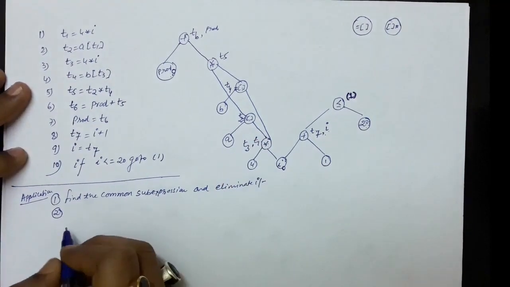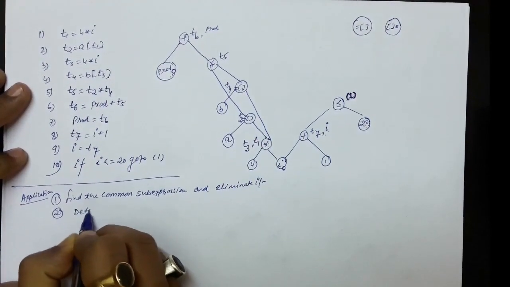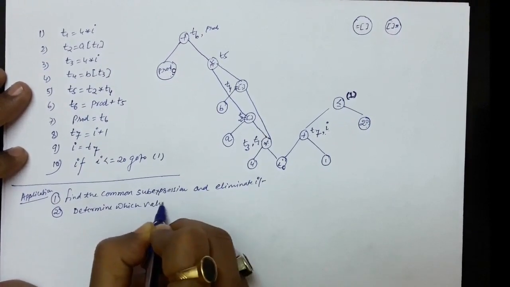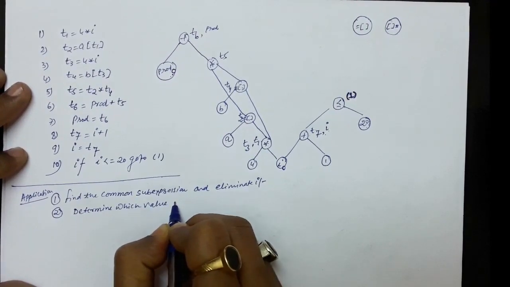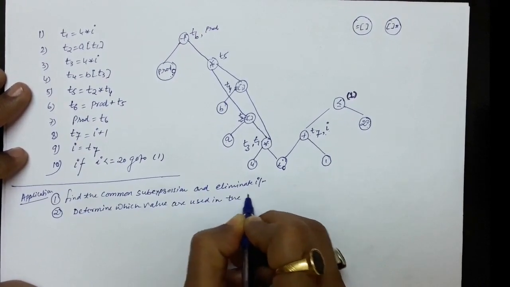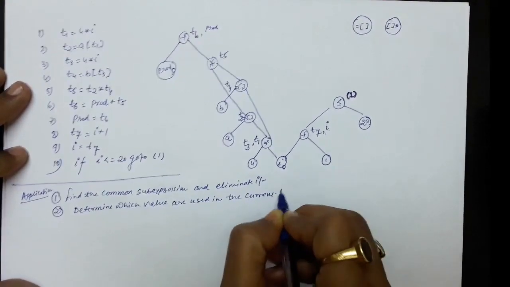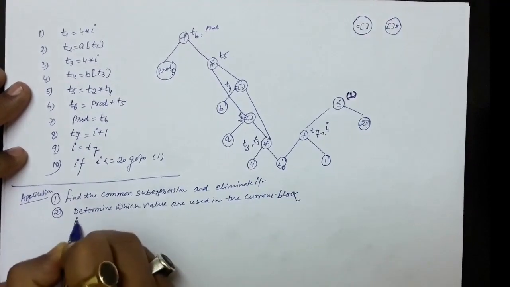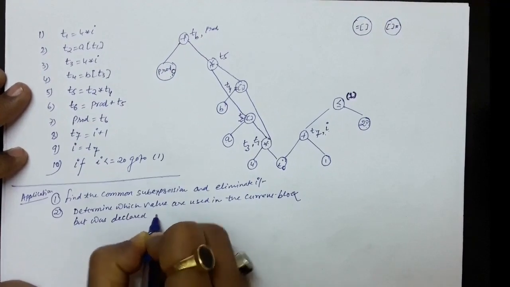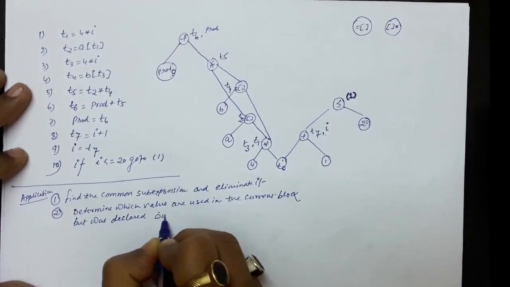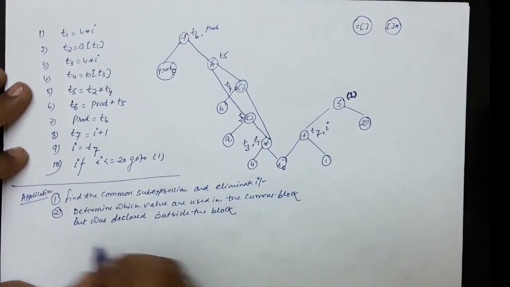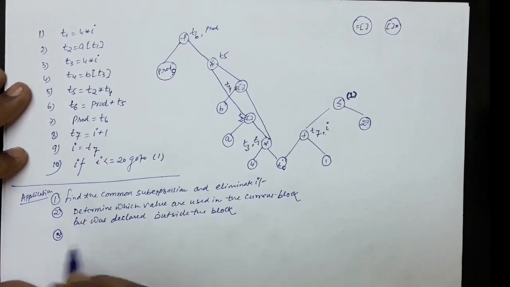So the second application is to determine which values are used in the current block but were declared outside this block. In some other block, this value has been evaluated. We are just using those values.